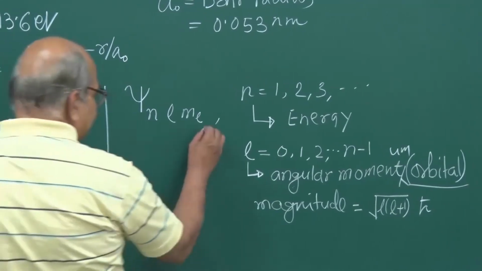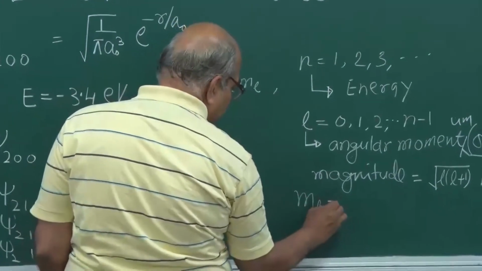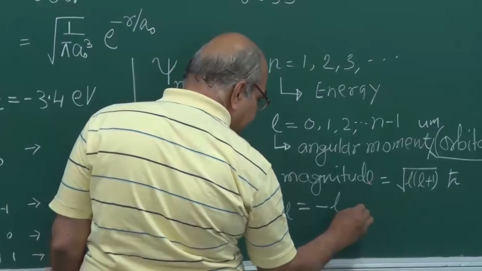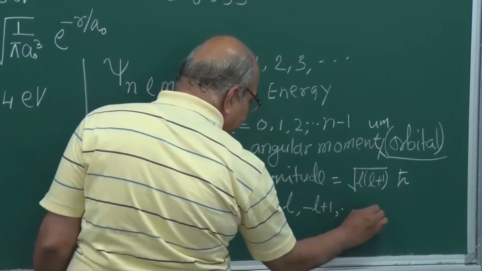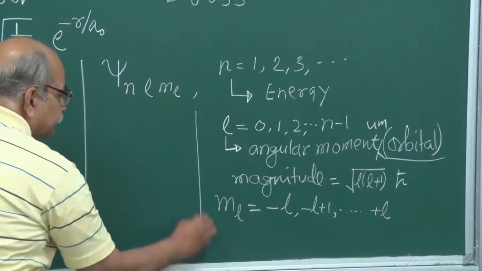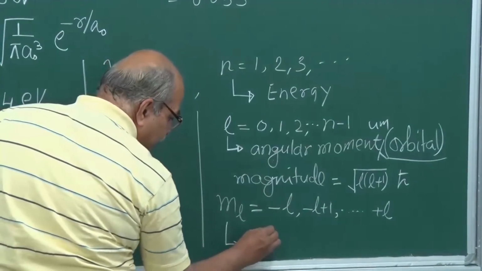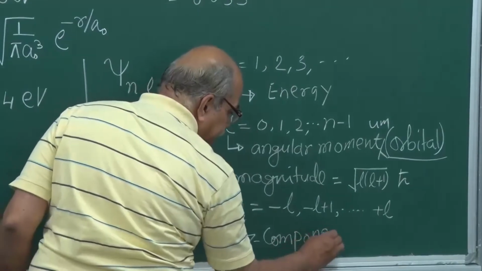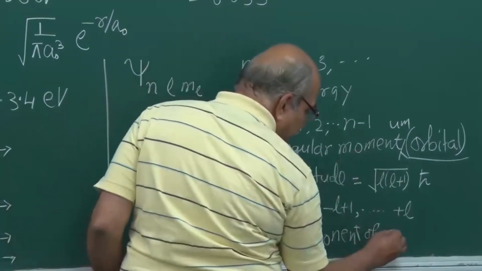And then the third one, this ml, should go from minus L in steps of 1, so minus L plus 1 and so on, and should end at plus L. This is related to the z component of this orbital angular momentum.